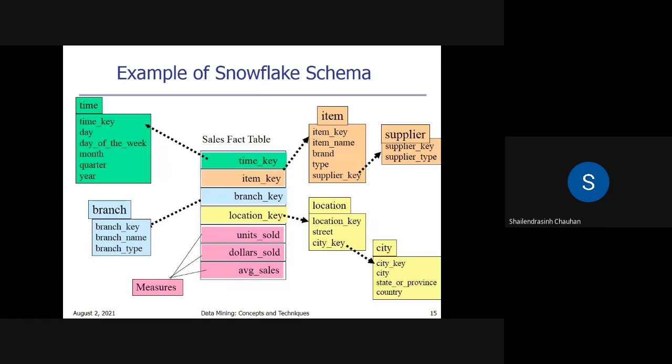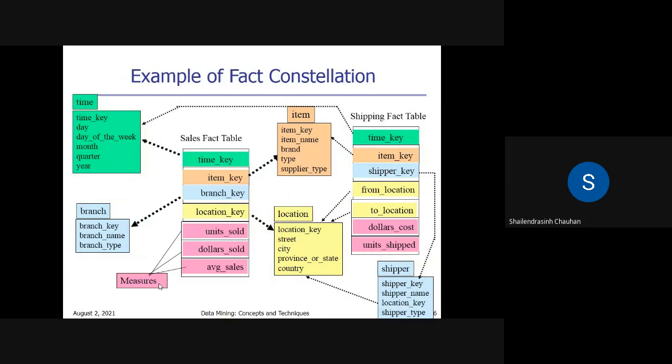Whereas with Galaxy, as you can see here, you can have multiple fact tables. Multiple fact tables represent multiple subjects. Inside a data warehouse we store the data of all the subjects and all the departments, and that is available with fact constellation or Galaxy.